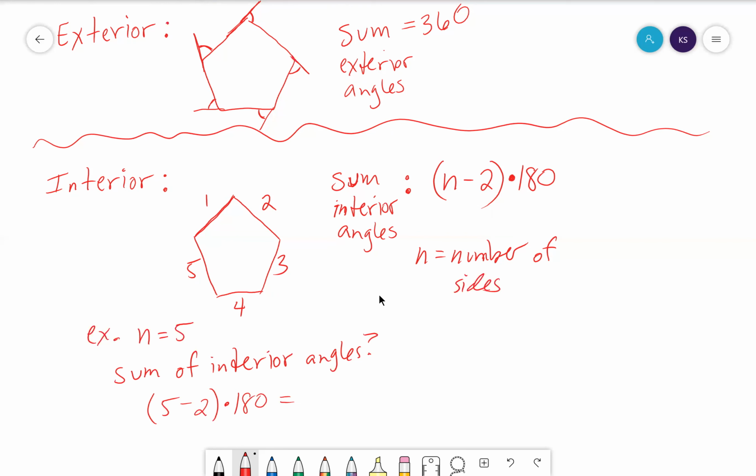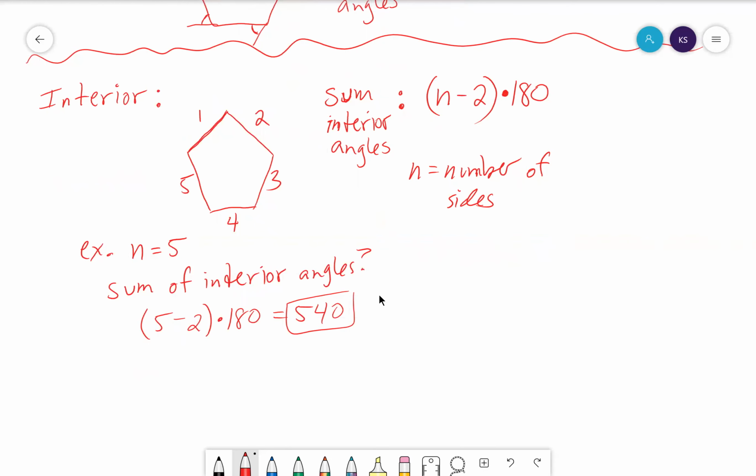And you can just type this in the calculator. Okay, so 5 minus 2 times 180, and you'll get 540. So for a pentagon, 5-sided figure, the sum of the interior angles is 540. So that's one kind of question you're going to get.